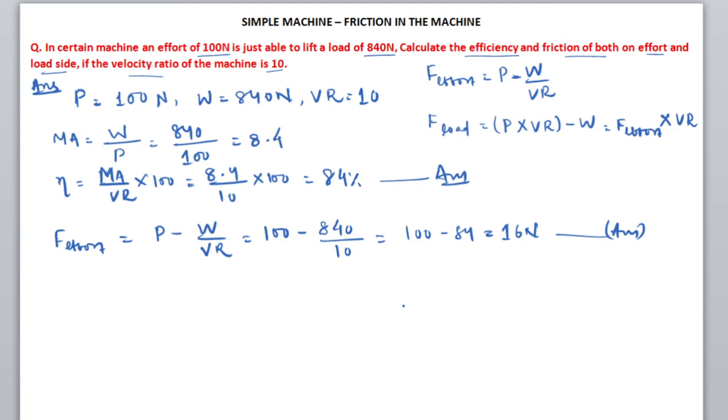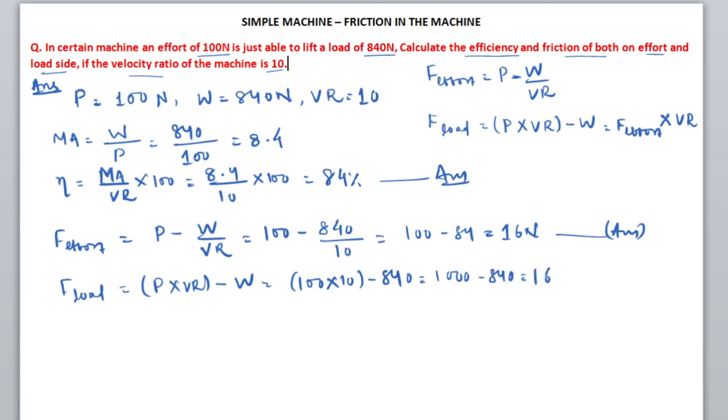Let's go to the third part. Friction in terms of load, or friction on the load side. The friction in terms of load is P into VR, whole bracket, minus W. P is 100, VR is 10, minus W is 840. We'll get 1000 minus 840 is 160 Newton.